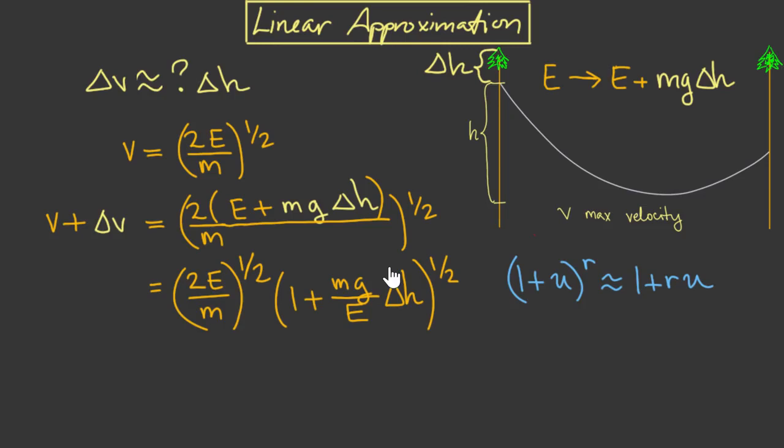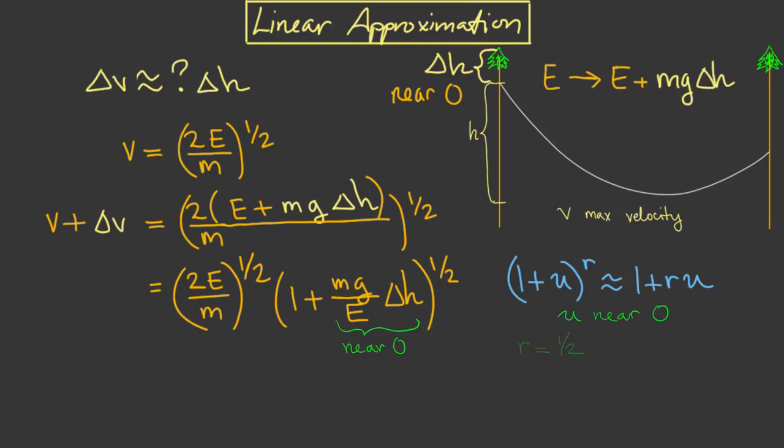And we are interested in finding an approximation when delta h is small, that is, delta h is close to 0. And when delta h is small, this entire summand is close to 0. And this expression looks an awful lot like (1 plus u) to the r. So we can apply the approximation that you found. And what you saw was that (1 plus u) to the r is approximately equal to 1 plus ru when u is close to 0.